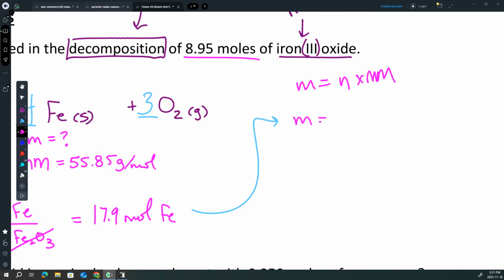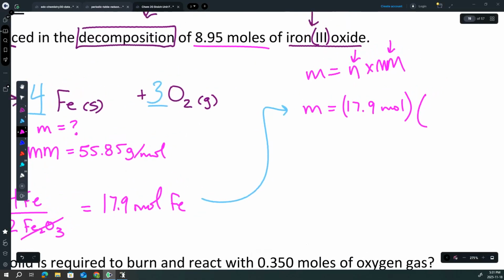So we got mass of iron is equal to our moles of iron times by our molar mass of iron. So keep in mind, moles and molar mass, they have to belong to the same substance.